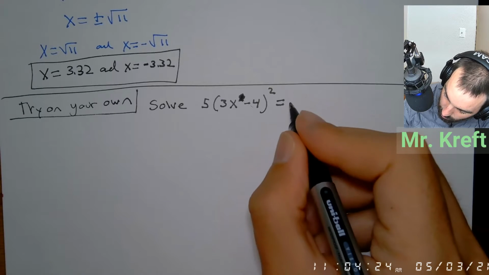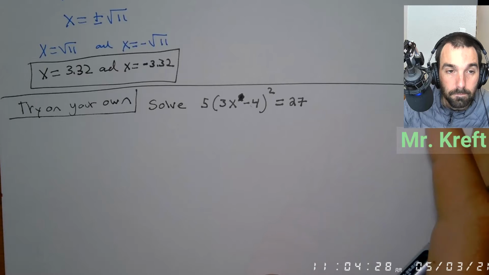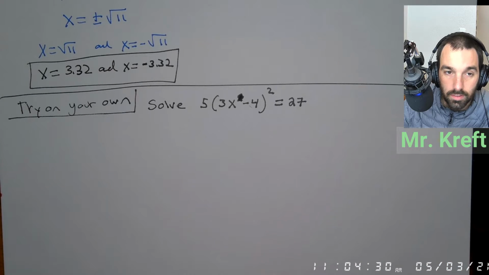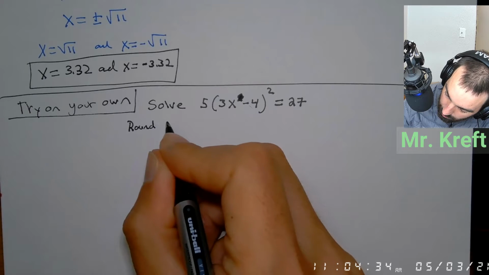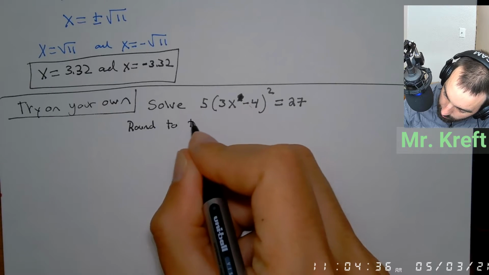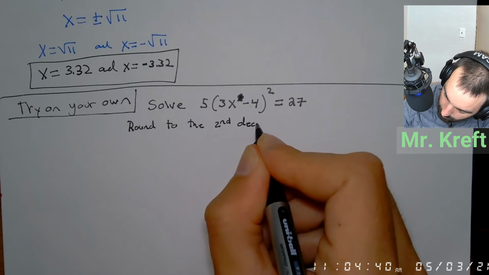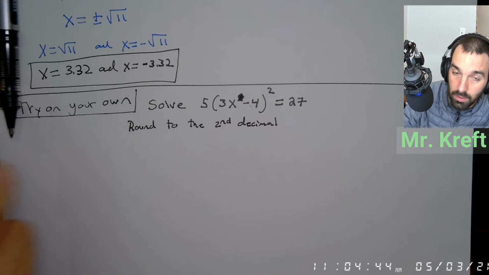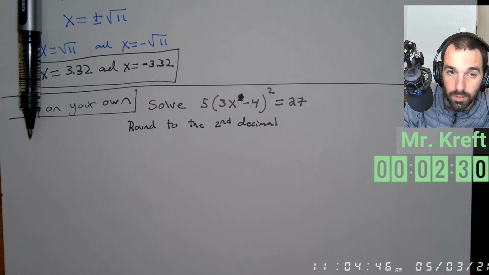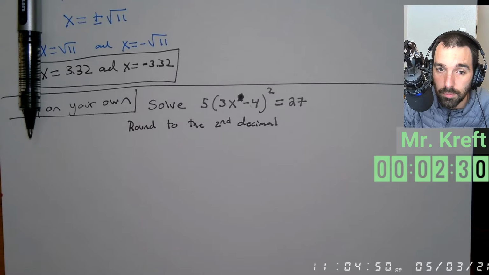Sorry about that, ignore the mistake. And then this is going to equal 27. Okay. And we're going to round to the second decimal. And I'm going to give you guys the same amount of time on this one. And again, if you guys are getting confused or stuck, just let me know.